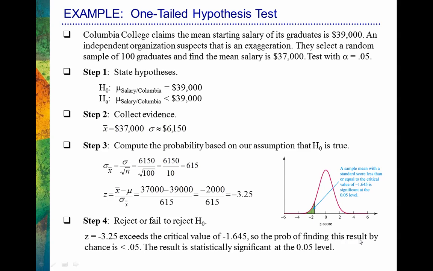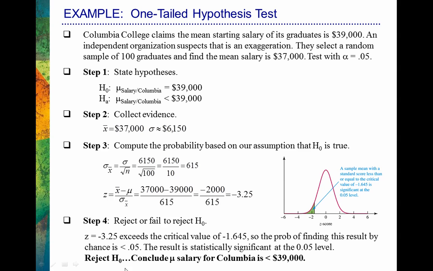So the probability of finding this result just by chance is less than 5%. All the sample means in this critical region here occur less than 5% of the time. They're very, very unlikely to occur if the null hypothesis is true. So the result is statistically significant at the 0.05 level.